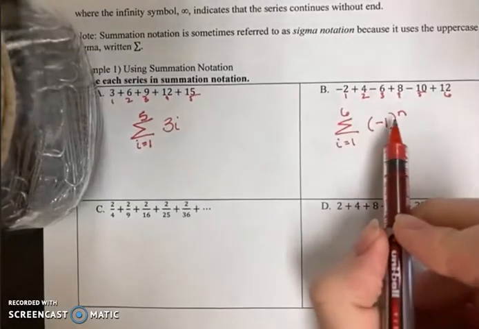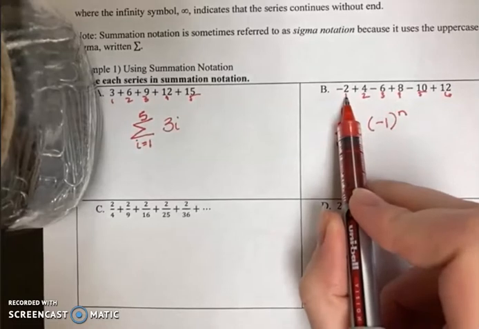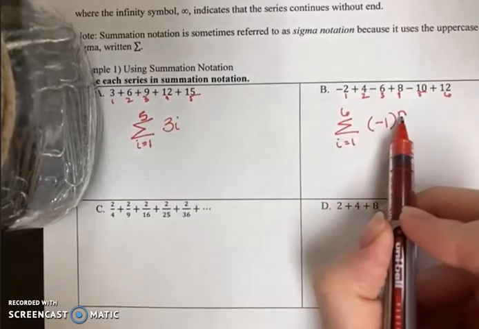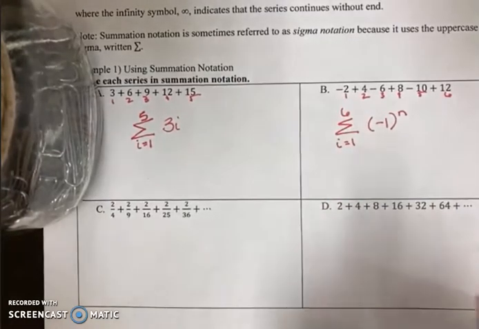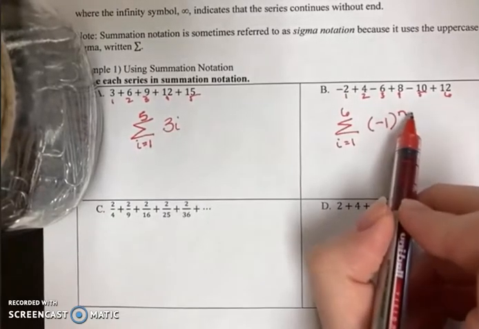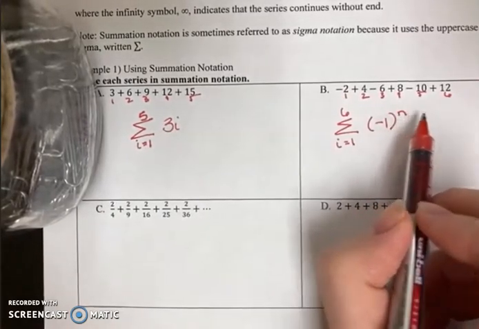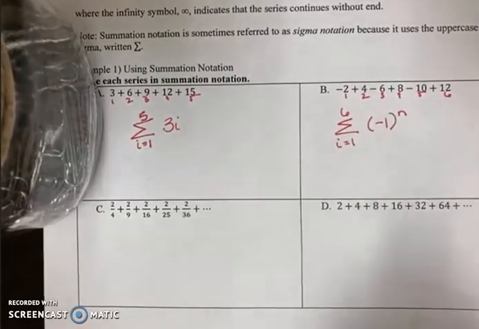So let's see if -1 to the n will work. If I plug in my domain of 1, that'd be -1 to the first power, and that is a -1. So it does start with a negative, meaning that is what I'd want to use. If the first term would have been positive, I would have had to use n plus 1, because 1 plus 1 would have given me 2, and -1 squared is a positive 1.